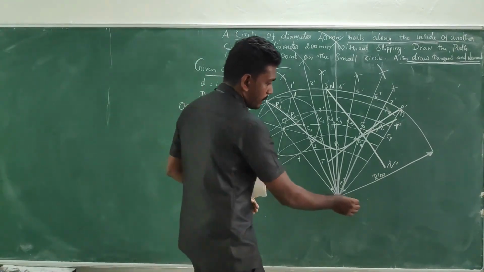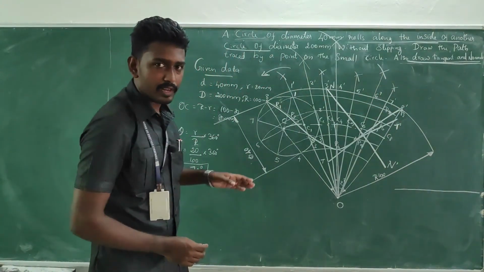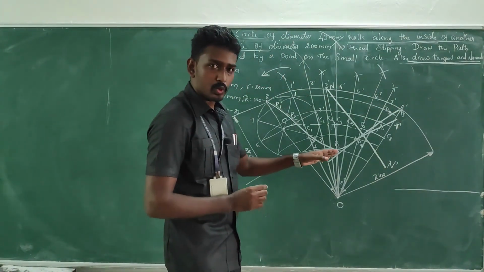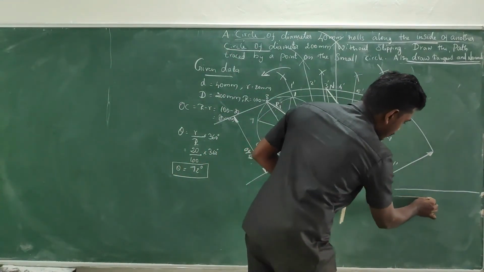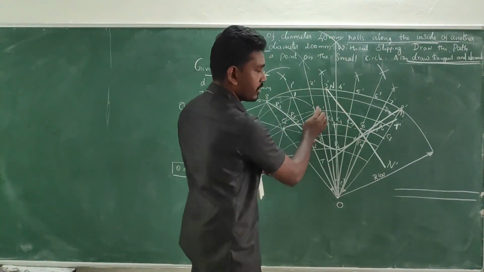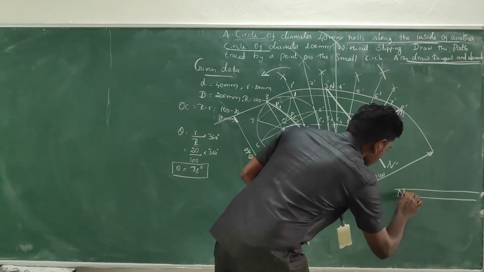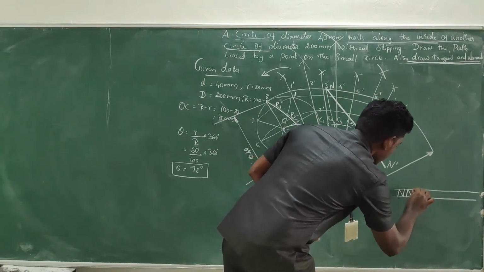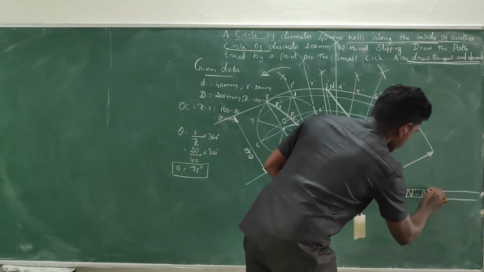Next thing is the lettering. It is an important work. For that we are familiar now. To do the lettering, we have to open a guideline with a 5 mm gap. Here tangent and normal are there. So I am going to start with the normal, N dash. Write N dash as normal.